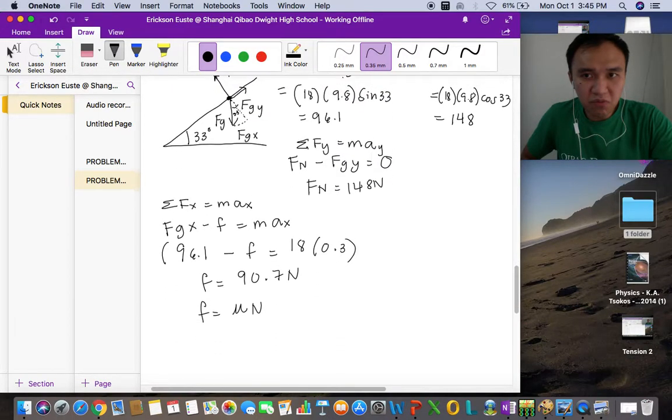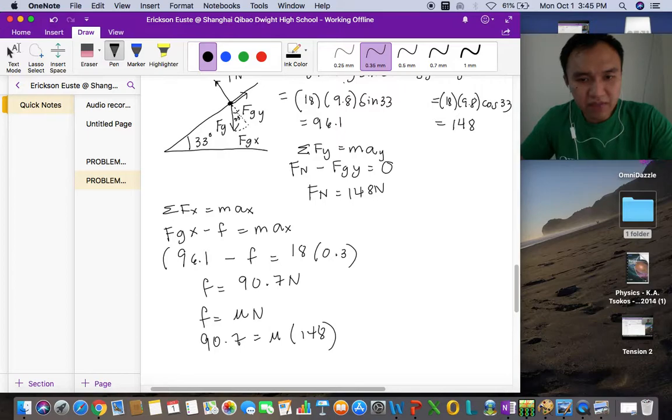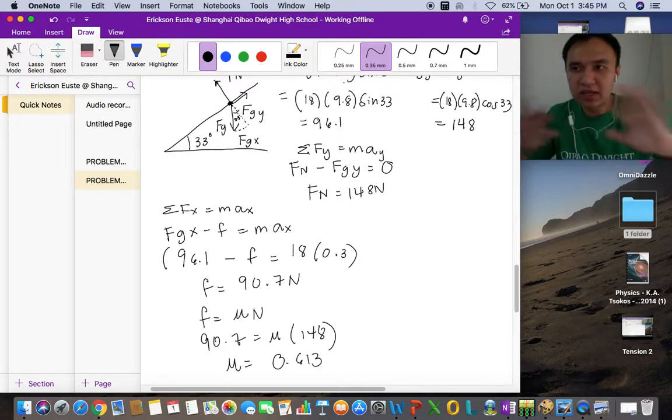So the friction, 90.7, is equal to mu times 148. Divide both sides by 148, and you will lose the unit. So mu will be equal to 0.613. That's it.